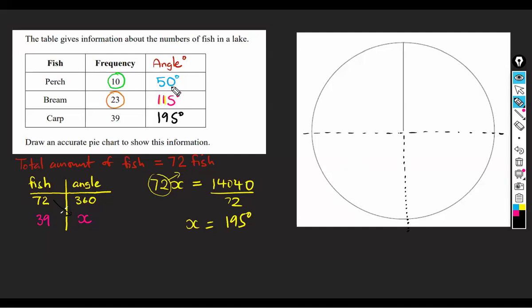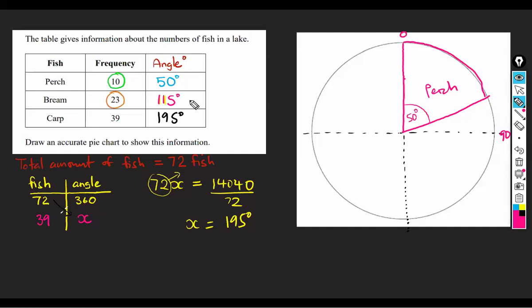The first one is about what? 50 degrees. Everyone can kind of agree with that, because if here is 0 and here is 90, 50 is in between the 0 and 90, right? So I will call this 50 degrees, and it's perch. I'll write the word perch there.